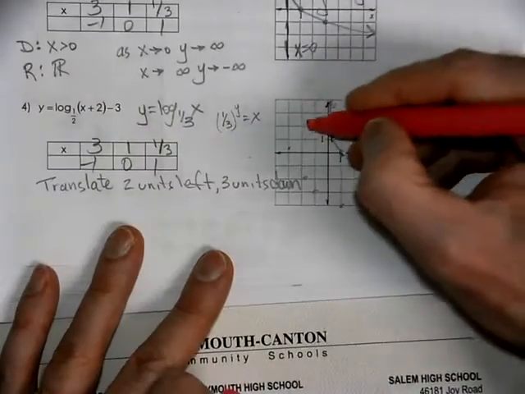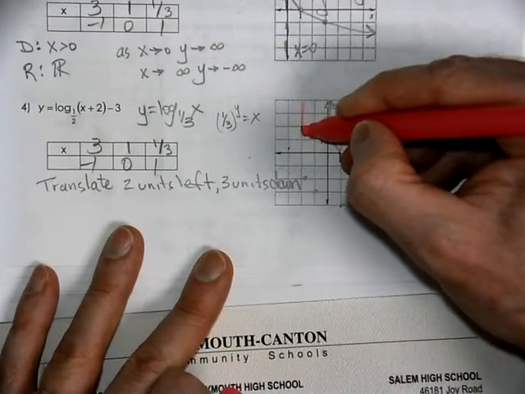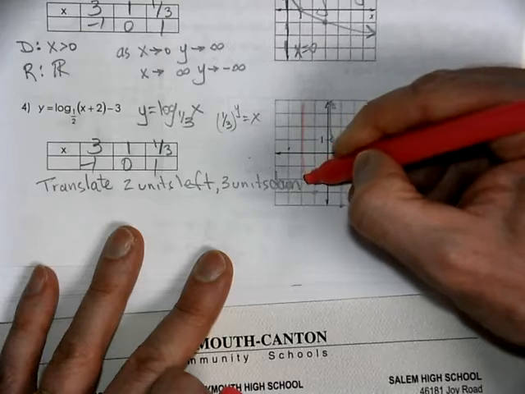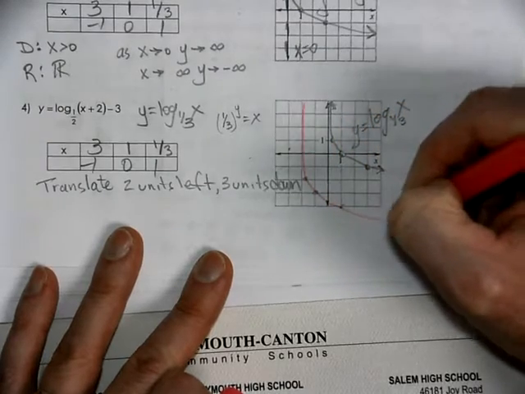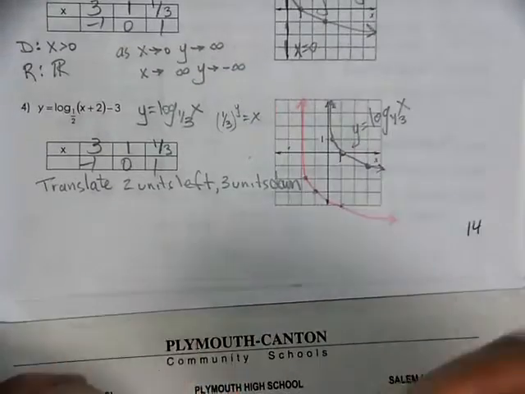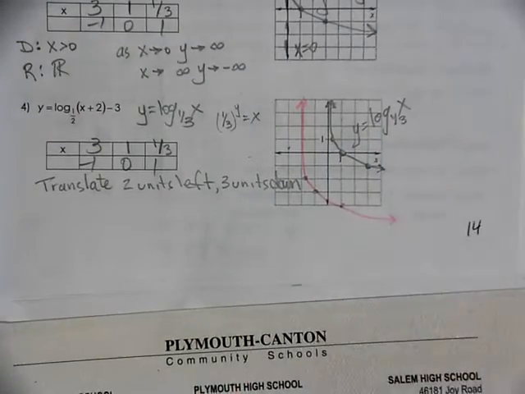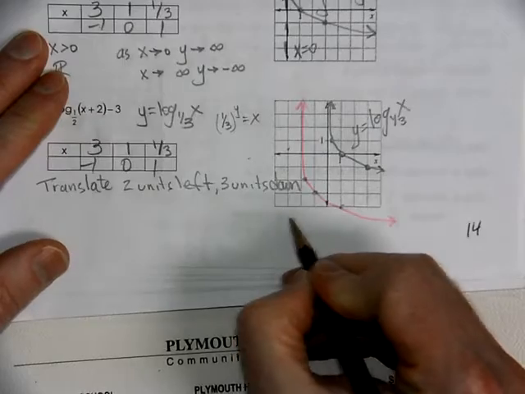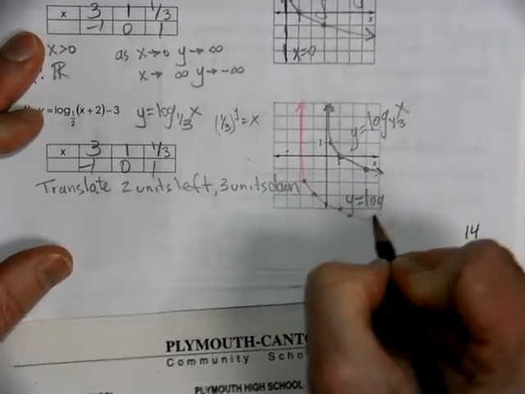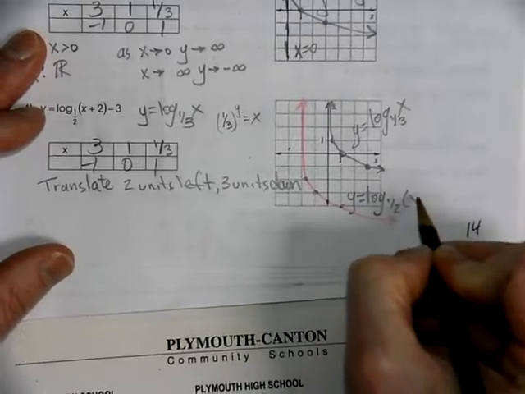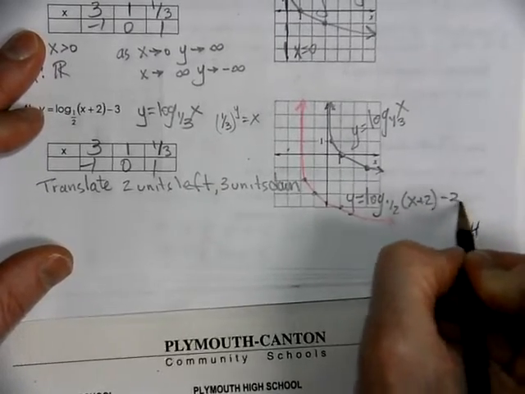So we know that this is going to follow along our asymptote curve and forever keep dropping. And that graph is going to be y equals log base 1/2 of x plus 2 minus 3.